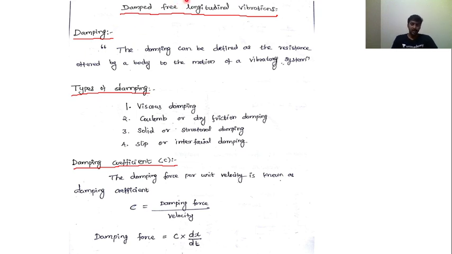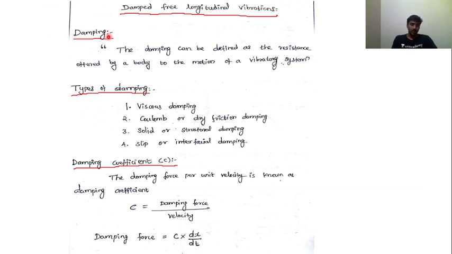We know that in free longitudinal vibrations, after giving the initial force and then removing it, the body continues to vibrate for some period of time. That vibration is called free vibration. And when a damper is connected to the freely vibrating body, the total vibration is called damped free longitudinal vibration.